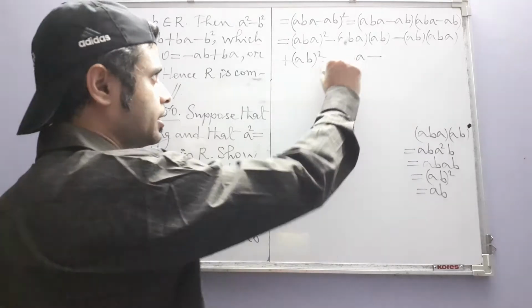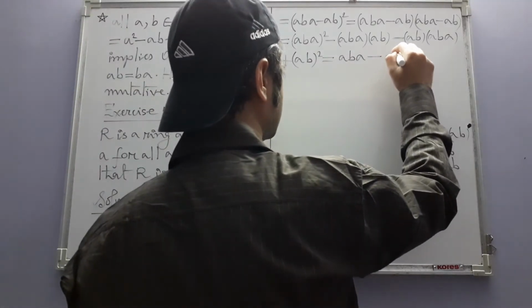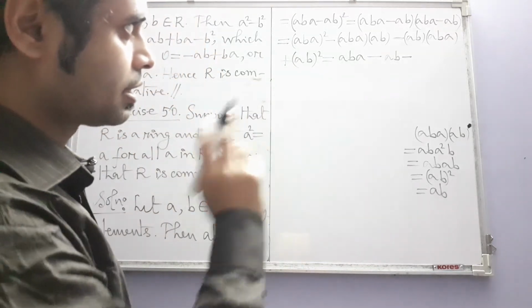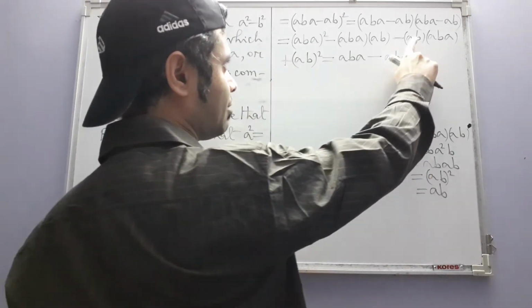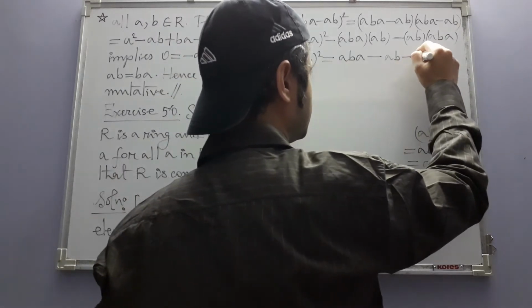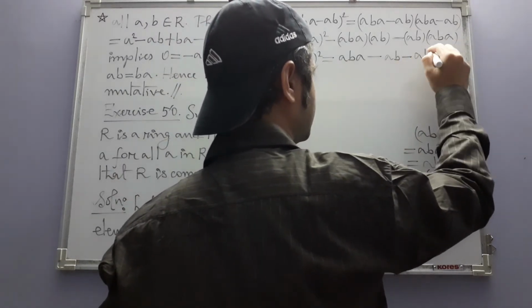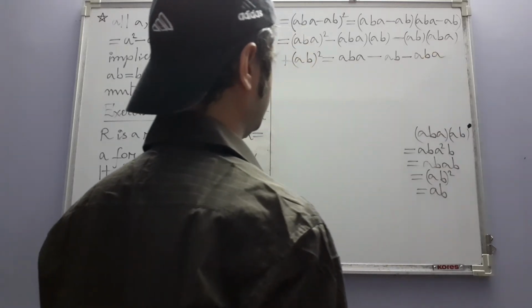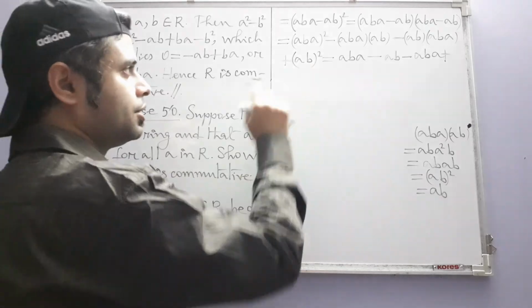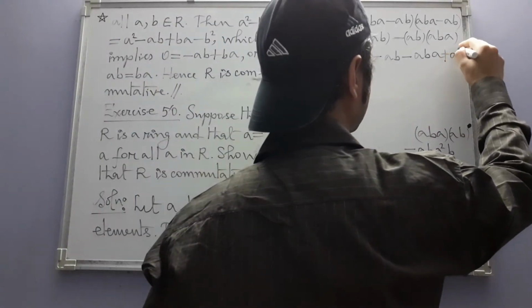So this second term is AB, minus, in the third one you can see that you have AB, so AB whole square, that will become AB, and along with that there is this extra A, and finally plus AB whole square will be AB.